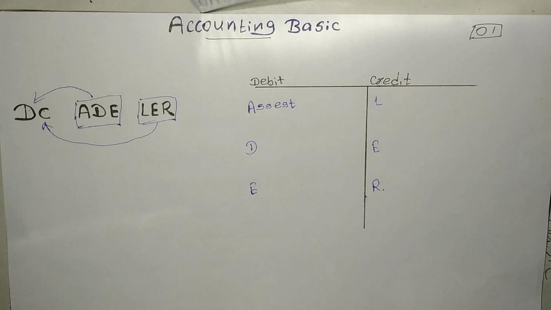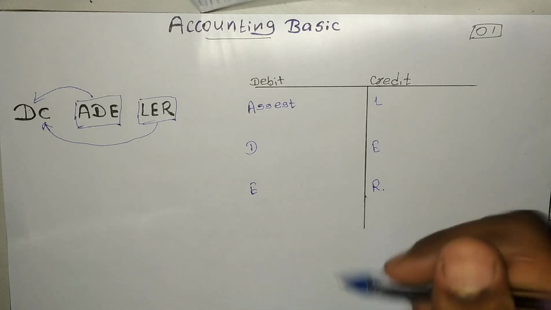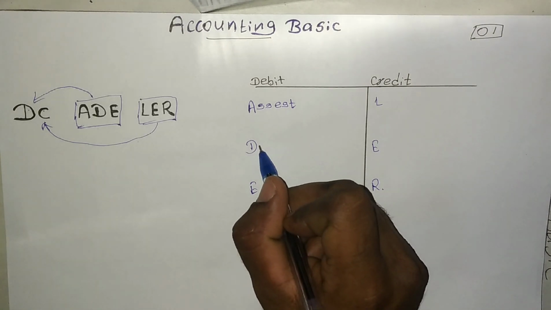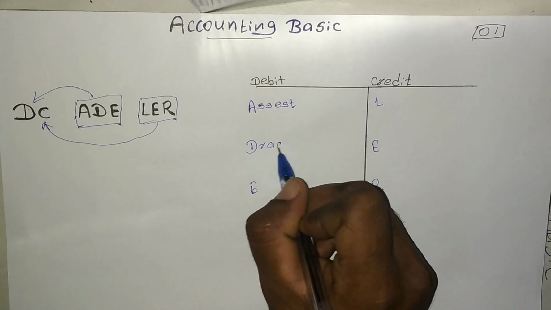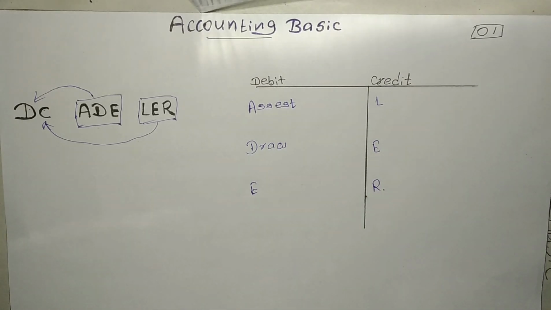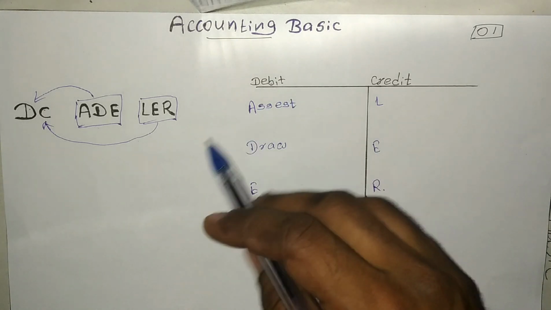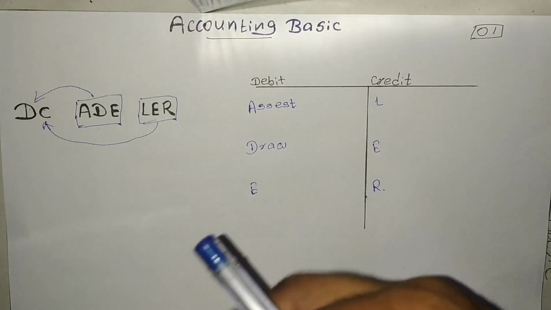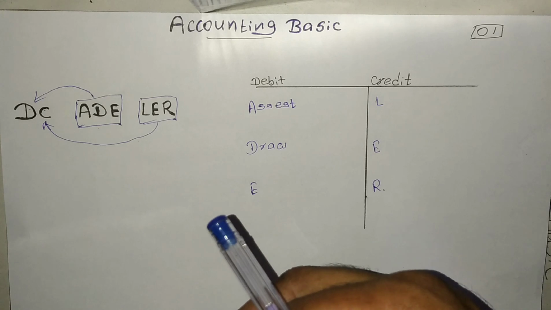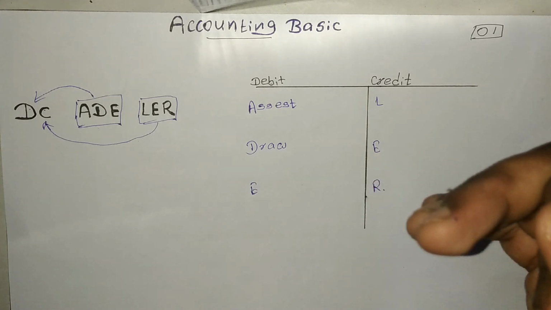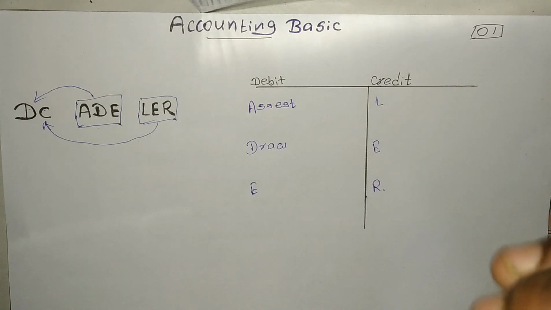Now we have named everything in this formula. DC Ade Ler is divided into a T ledger and identifies the two main parts of the accounting process, debit and credit, and what is included in the debit group and the credit group.